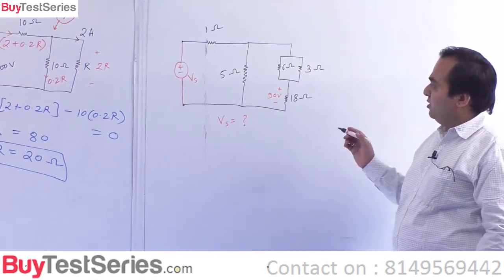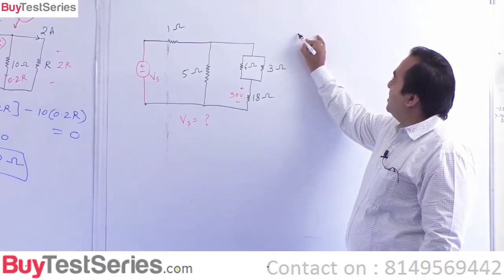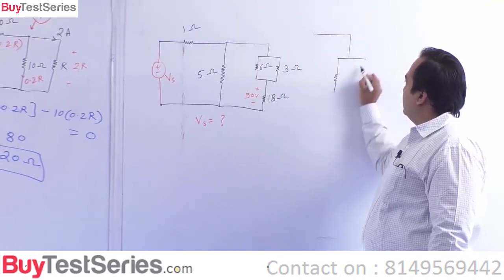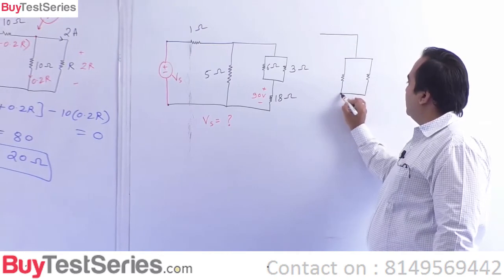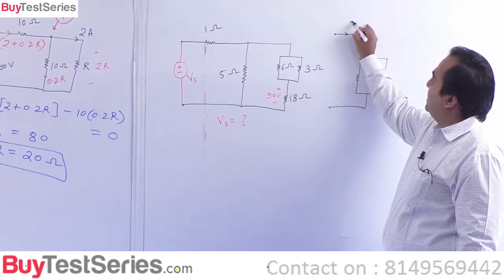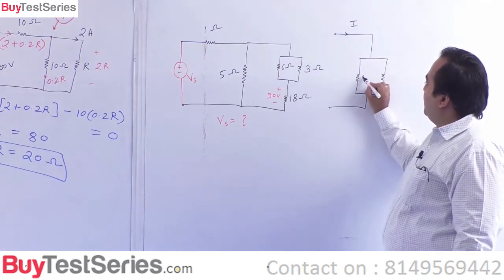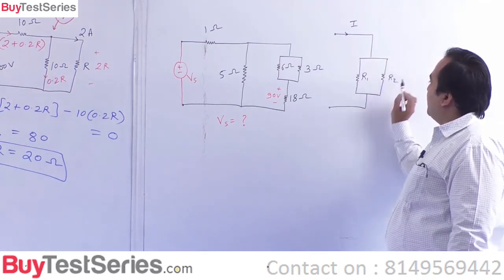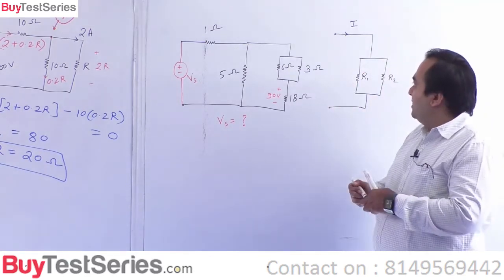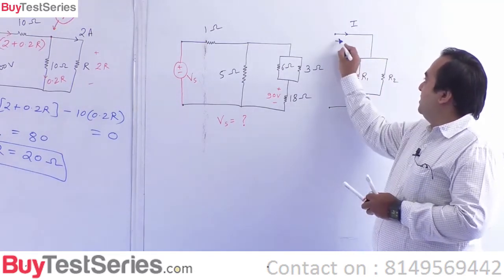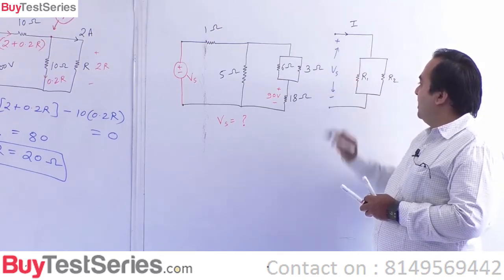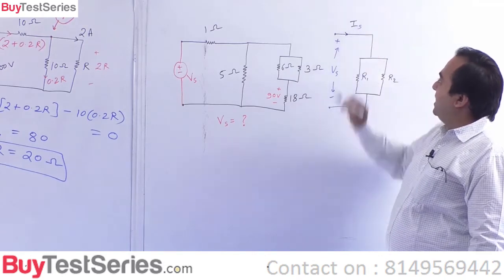What is current division rule? If you have some current I which is to be divided between R1 and R2. Now the voltage across them must be the same. Say this is the voltage V or Vs as you want to call it. This is the voltage Vs. This is say the current Is.